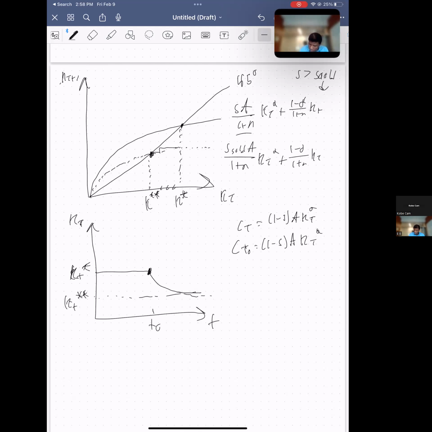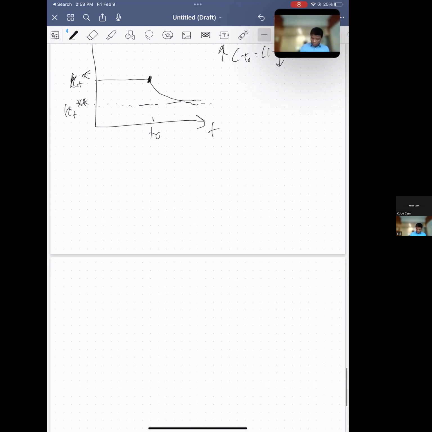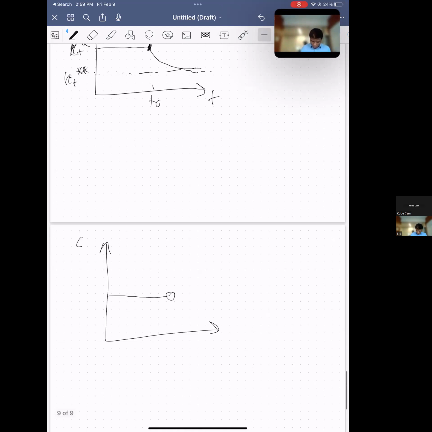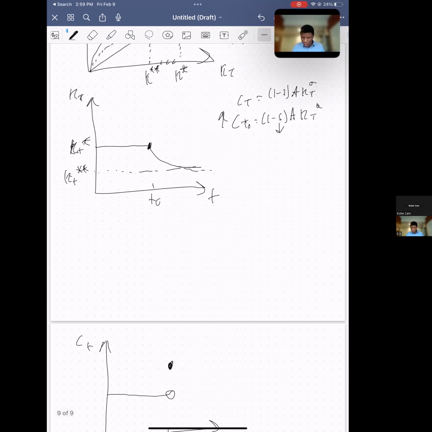Okay. So from here, this is going to go up because this goes down. So if we draw our time chart, we should see that at time 0, t0, we should see a jump, because this is going down initially, right?